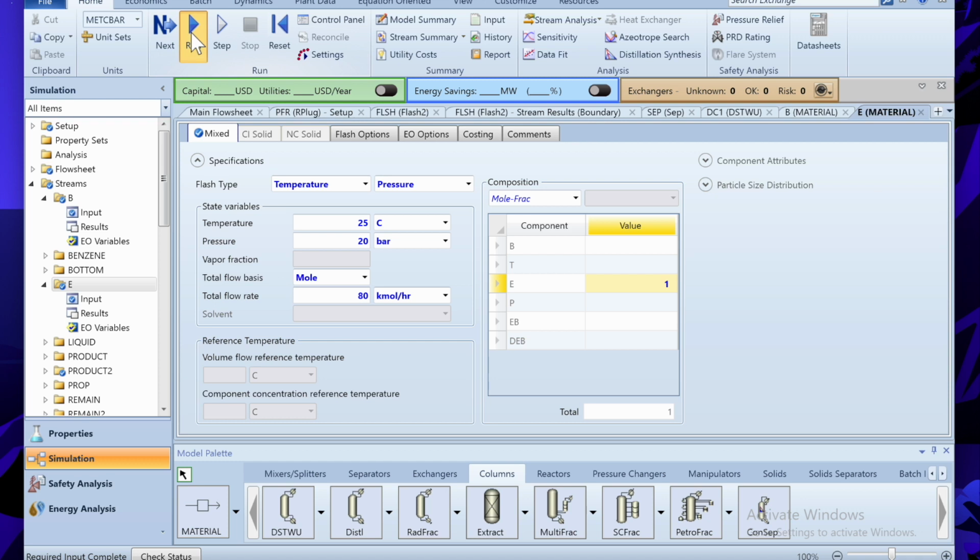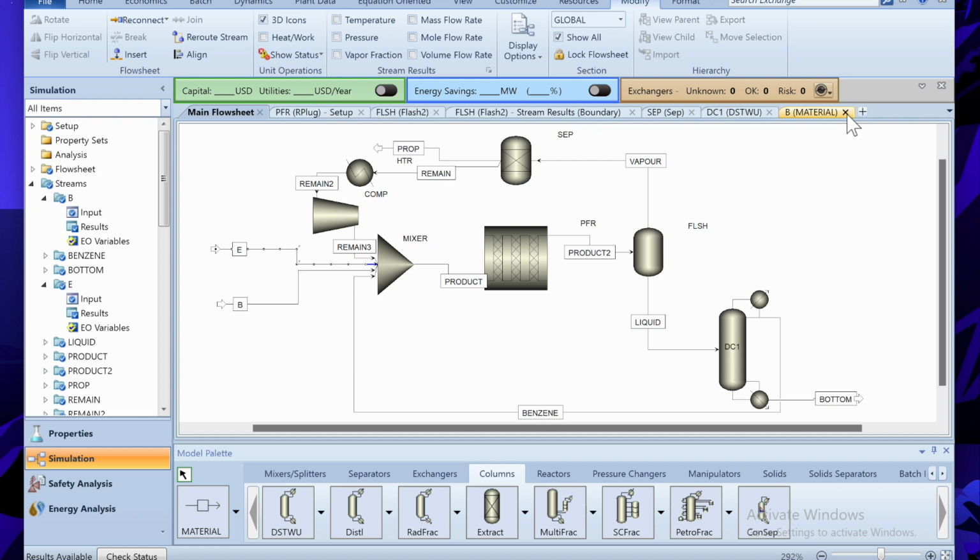So now it should work, then we will see if it is okay. Now results are available, see, so everything is working.